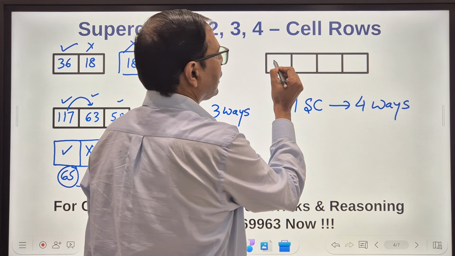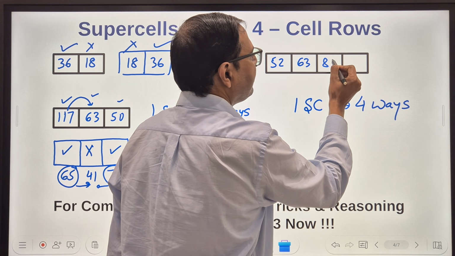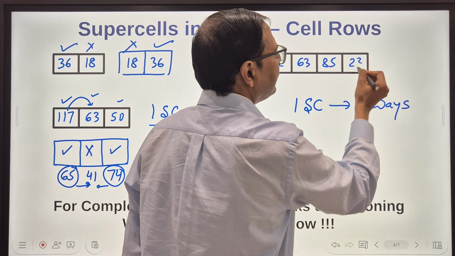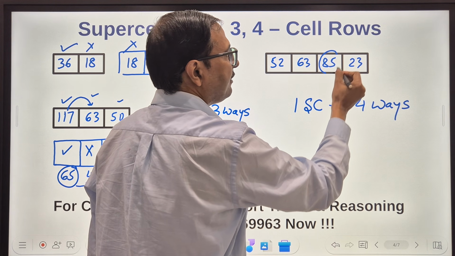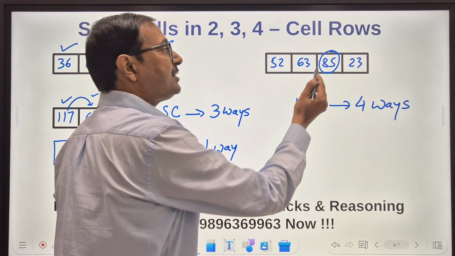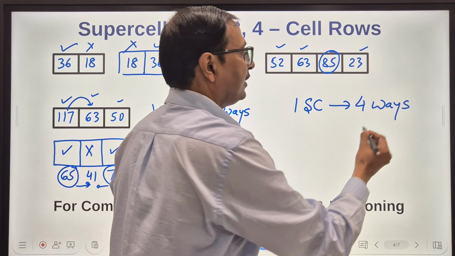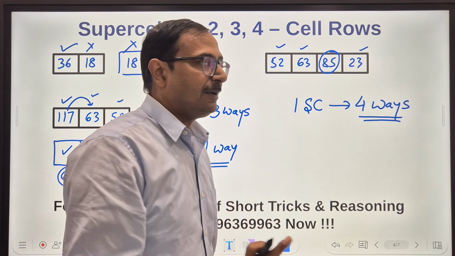Maybe like say 52, 63, 85 and let's take 23. Now see what happens here. Out of all these, only one is a supercell. Now if I shift 85 to some other position, which I can do here, here or here, I will get 4 ways in which I can get a single supercell.